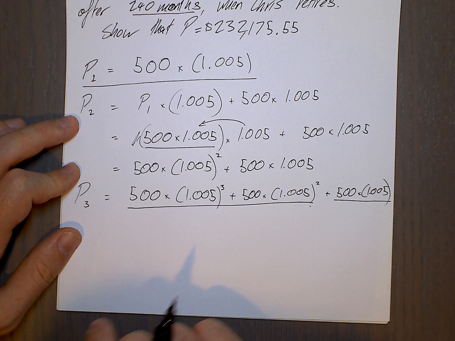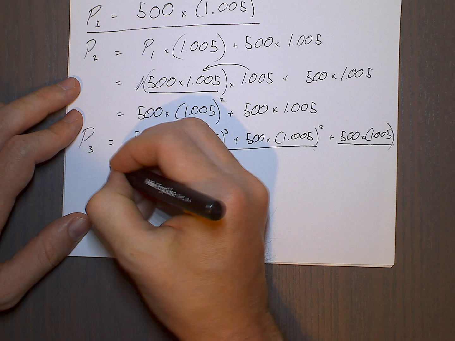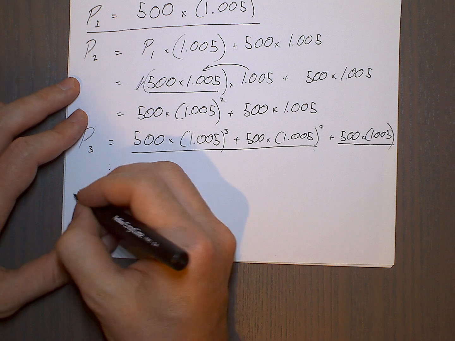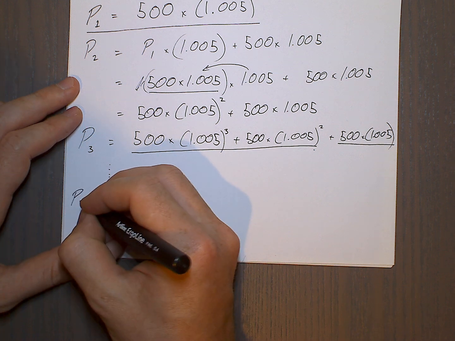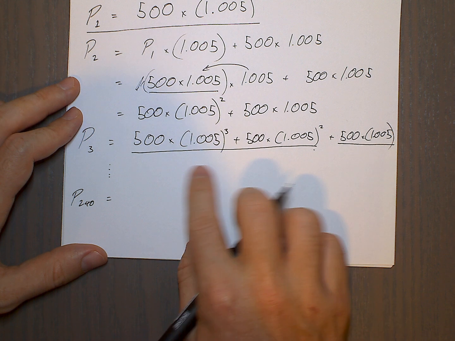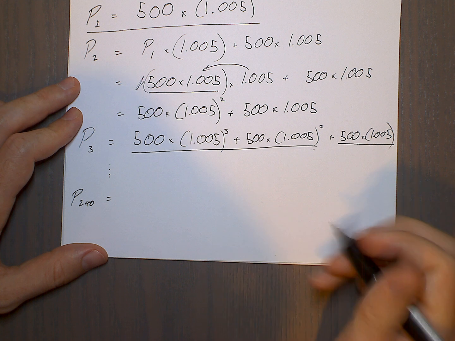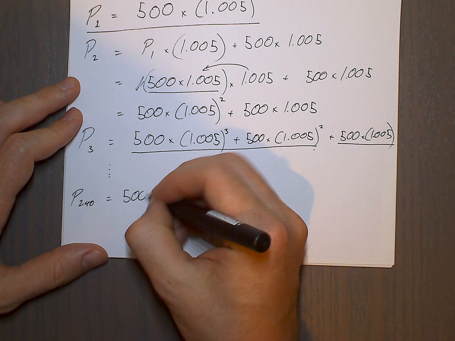And over time, this is going to accrue until we get all the way down to P240, which is going to look pretty big. I don't think we can fit 240 calculations in here, so we'll just make it a little bit easier.